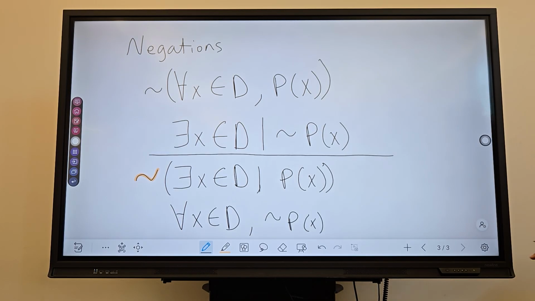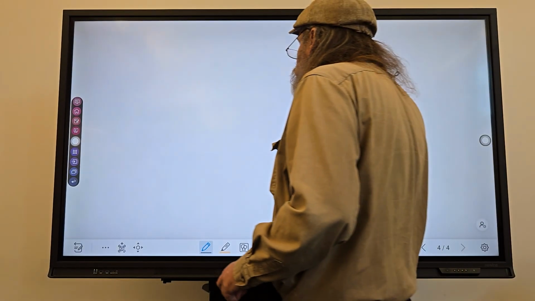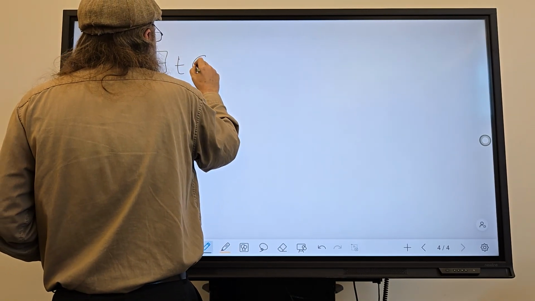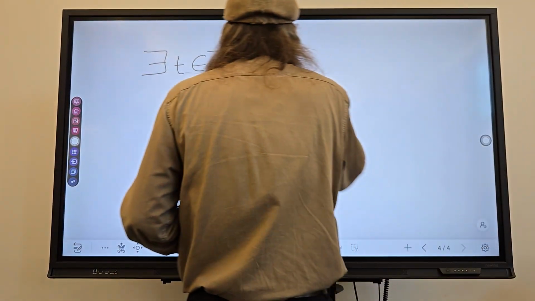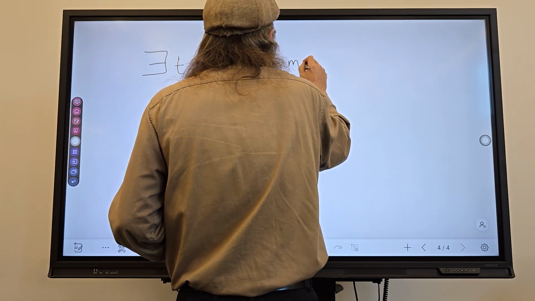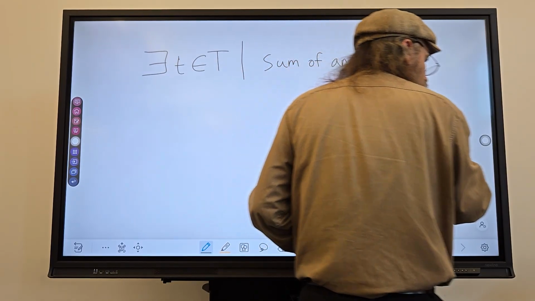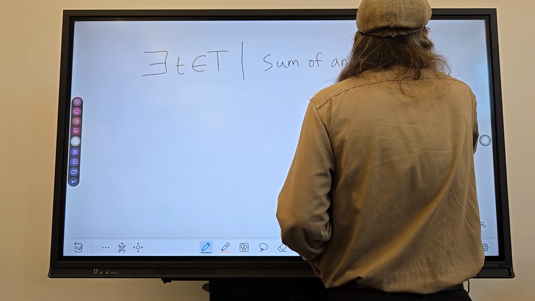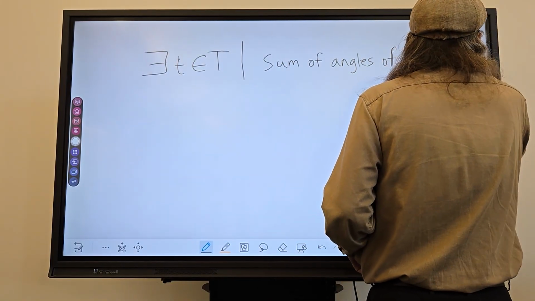So let's see here, another example. There exists a triangle T such that the sum of the angles of T is equal to 200 degrees.